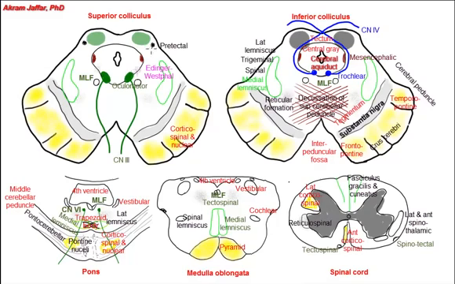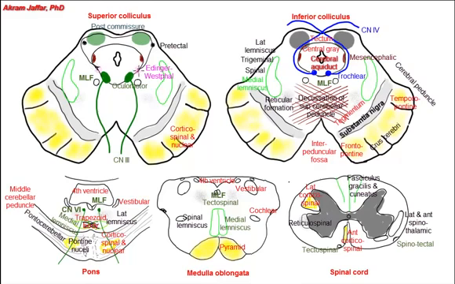Some of the fibers of the pretectal nuclei end at the ipsilateral Edinger-Westphal nucleus. Other fibers cross the midline through the posterior commissure and end up in the Edinger-Westphal nucleus on the contralateral side.